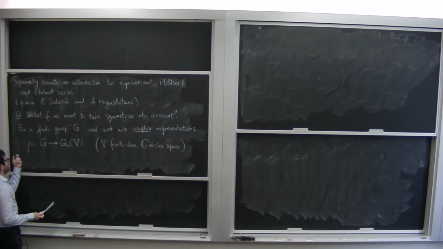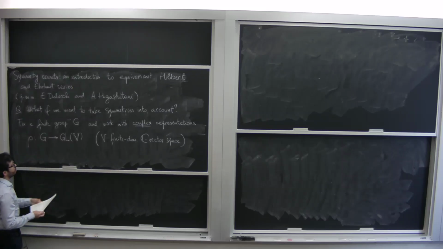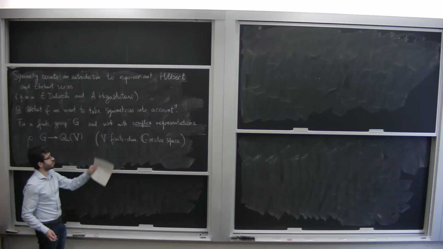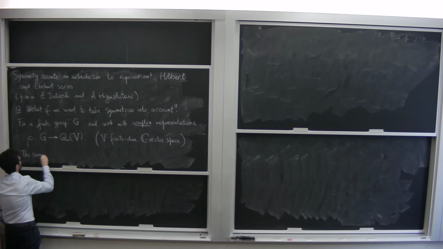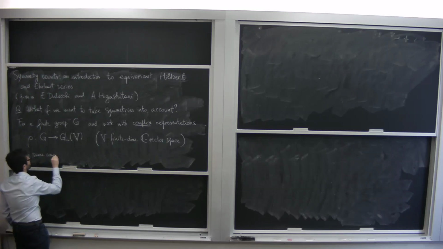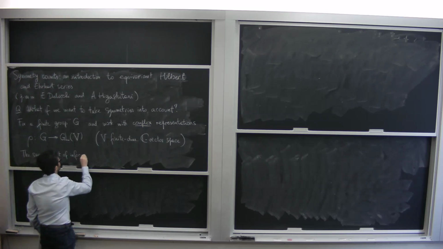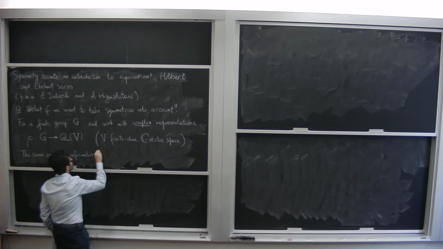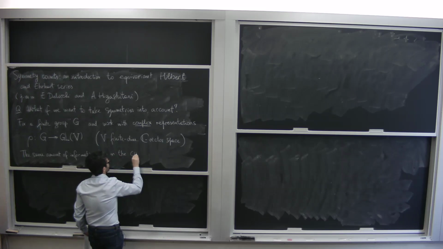And even though I like to think of representations, in this context where the group is finite and the representations are complex, the same amount of information is actually kept by the character of this thing. And that's what I'm going to use from now on.